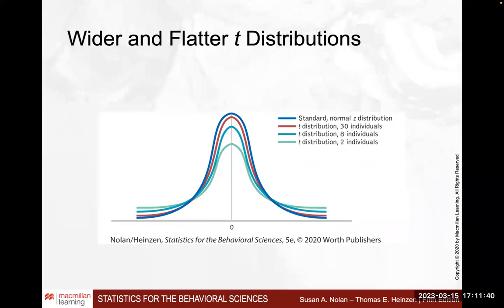But essentially the blue is the perfect normal distribution, and with an increasing sample size, you have a distribution that starts to resemble the normal distribution. It approaches these tails and it approaches the shape.